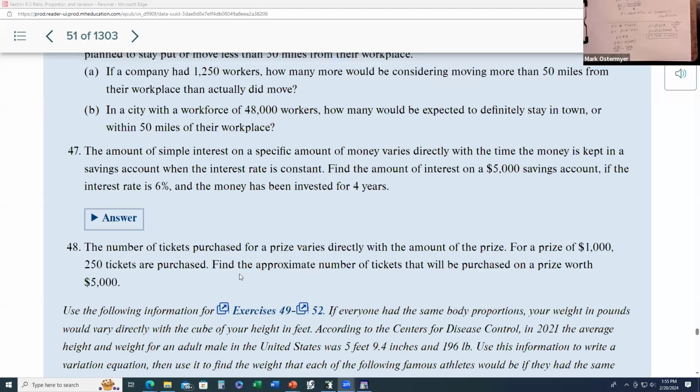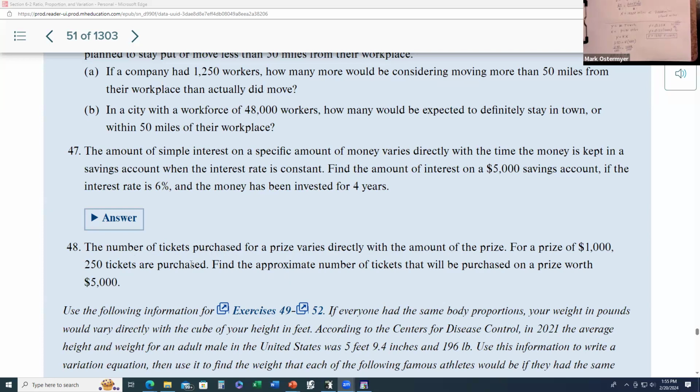How do you know what you're going to make the price value and the ticket? Could you make the tickets X and the price value Y, or how do you figure that out? Well, because it says the number of tickets purchased for a prize varies directly with the amount of the prize. So the Y is on the left side of the variation equation, and the number of tickets comes first before the prize value.